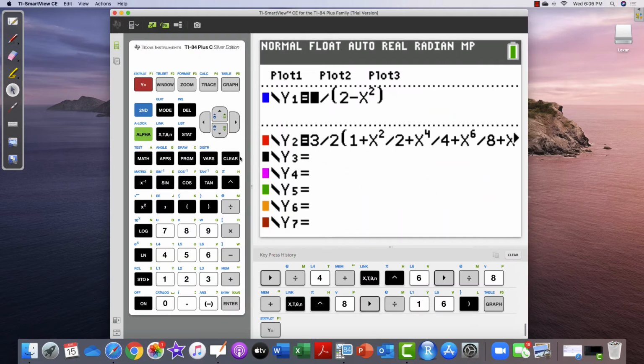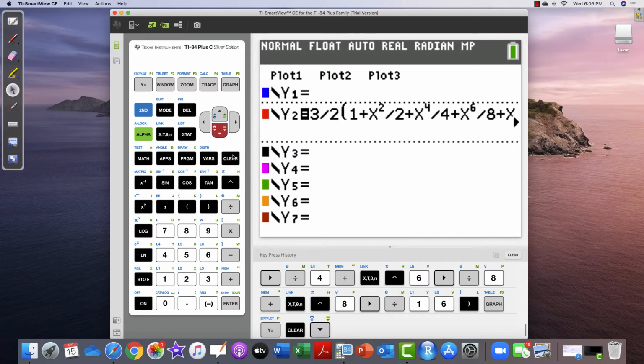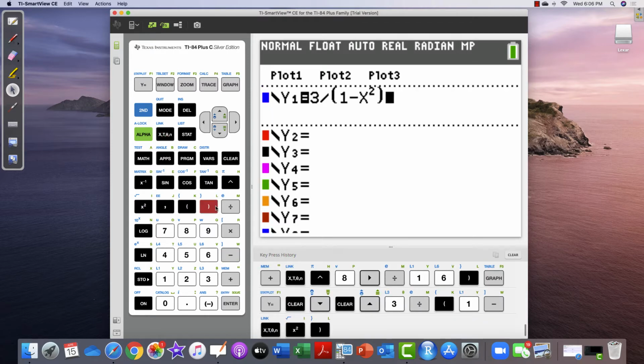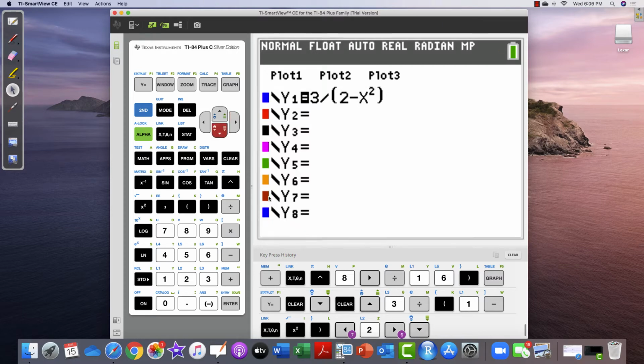All right. So let's see. I think that's the same function that I did earlier, but oh well, I guess I already got rid of it. So 3 over 1 minus x squared is my function. Excuse me, 2 minus x squared, not 1. 2 minus x squared. And then let's type out the first 4 terms of this series.